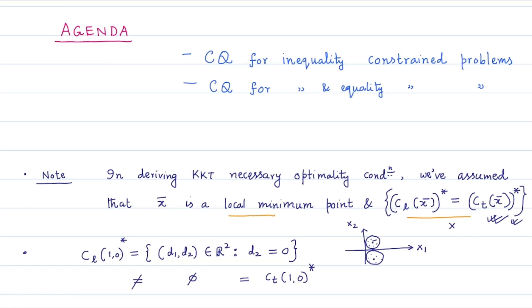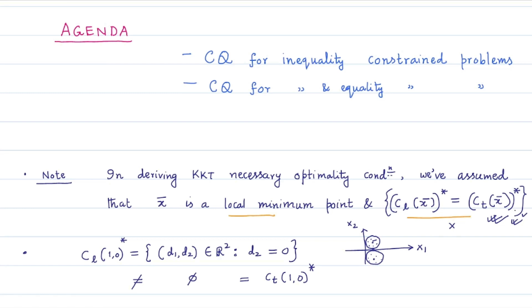Therefore, for practical problems, we will try to find certain regularity assumptions, which are called constraint qualifications, which are more specific and easily verifiable, but maybe somewhat restrictive. But it's okay. Restrictiveness is a bit okay, but still the conditions should be easily verifiable, not like this one.